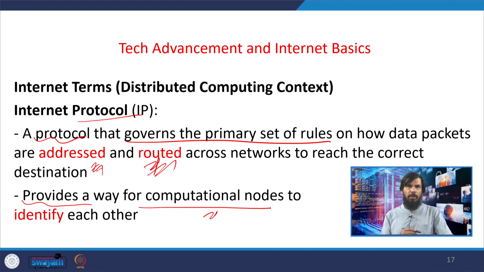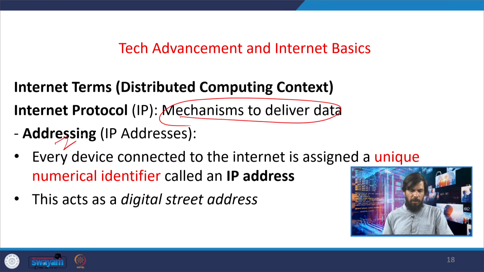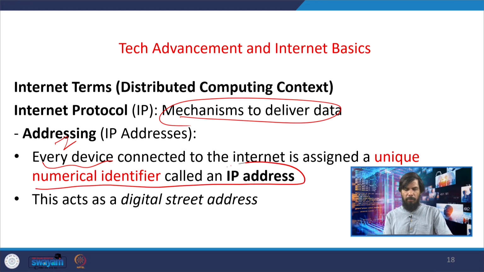Similarly, the internet protocol uses the IP address to achieve the same thing, right. So, we look at the mechanisms to deliver data, the addressing part, as I said. Every device, once it is connected to the internet, will be assigned a unique numerical identifier called an IP address.